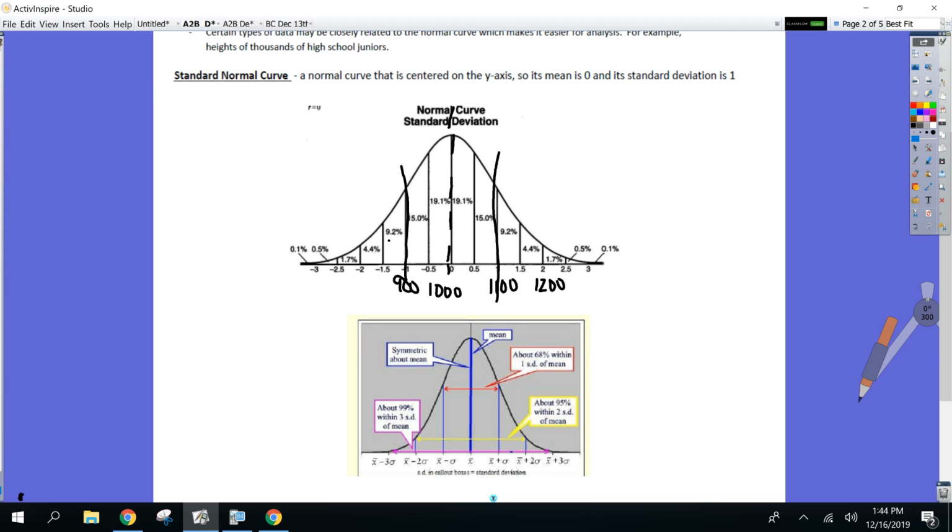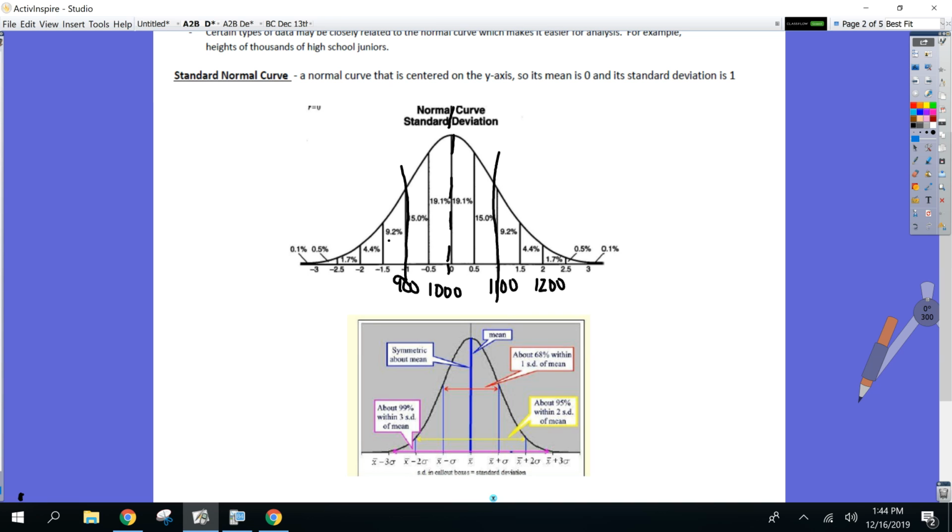If I want the percent of kids who scored between a 900 and 1,100, I add up everything in between those two. But do you see how we get these scores at the places? We take what's at 0, that's the mean. And how do I keep going? I add the standard deviation, or if I want to go to the left, I subtract it.